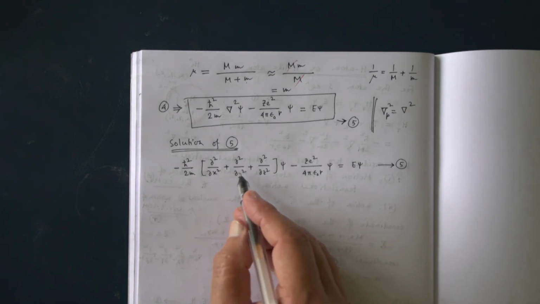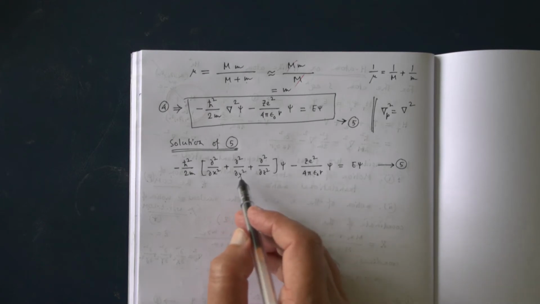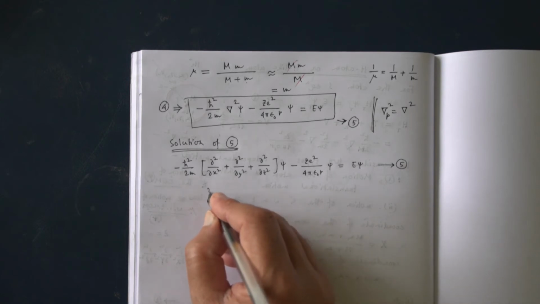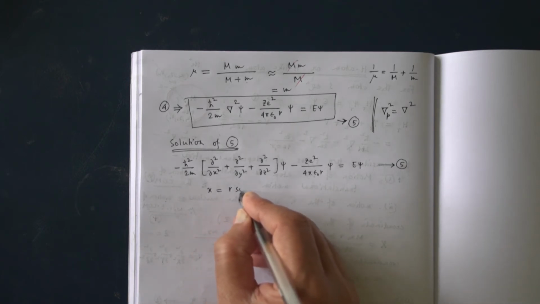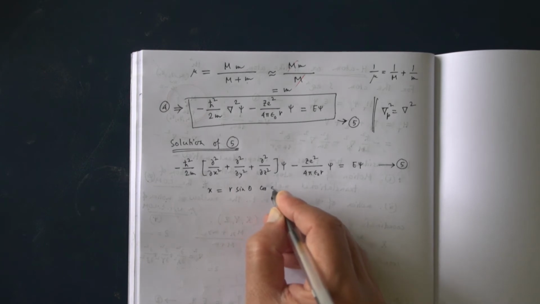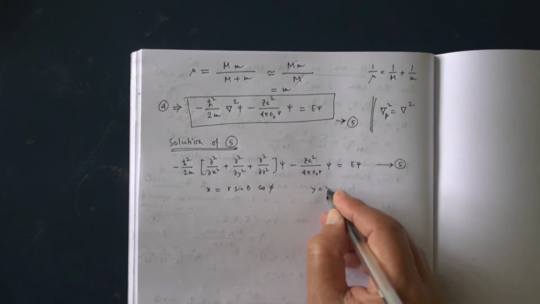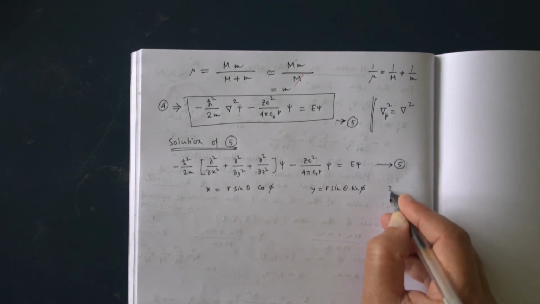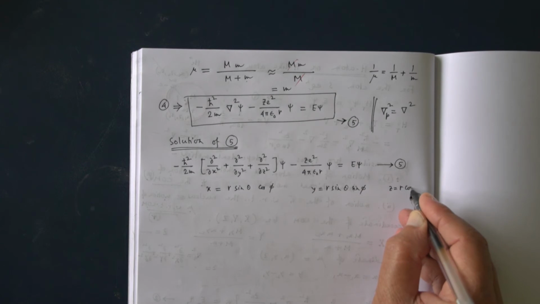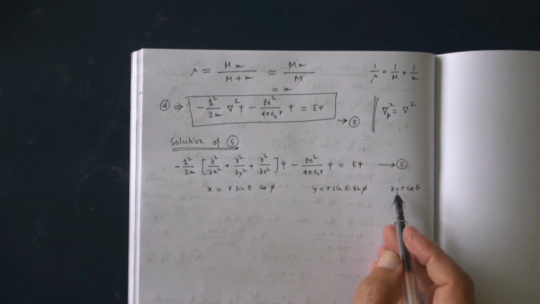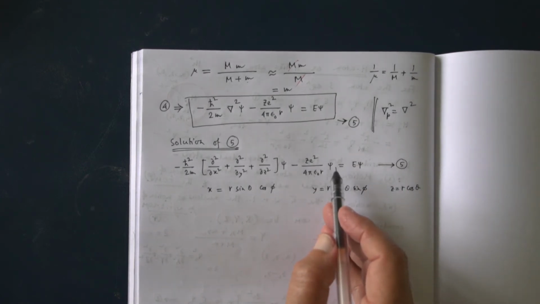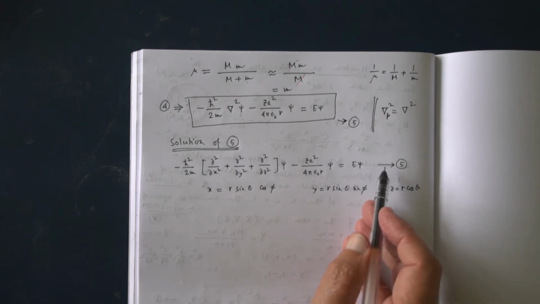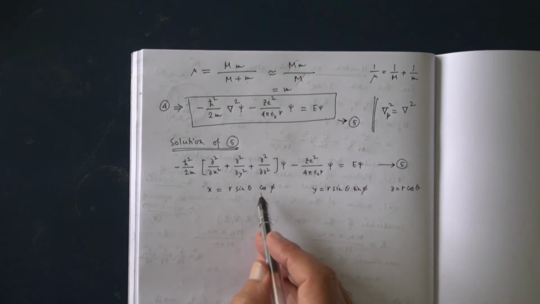In order to solve this equation, we transform it into polar coordinates using these relations: x equals r sine theta cos phi, y equals r sine theta sine phi, and z equals r cos theta.